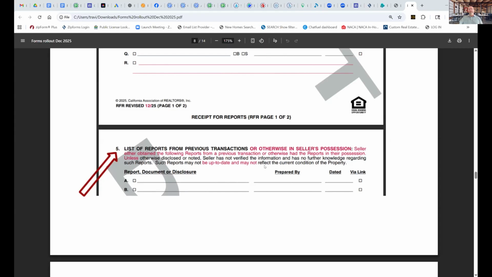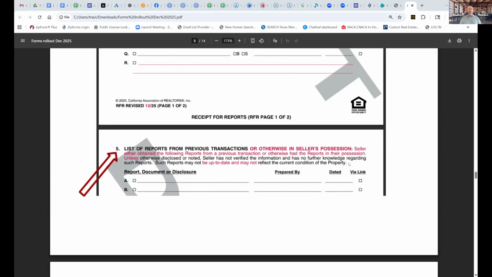Such reports may not be up to date and may not reflect the current condition of the property. So if you have a flip property, or if you sold them the home and you are in possession of previous disclosures and reports on that house, they need to be turned over to the new buyer.